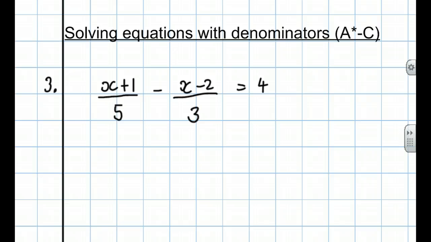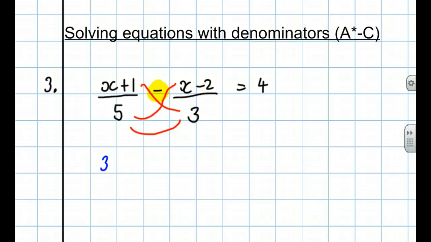So what I do is I simplify the left-hand side. If you've seen my video on simplifying algebraic expressions with denominators, you remember what we do is we multiply the denominators together and then we cross multiply. Now, be alert to that minus sign there. That has an impact.